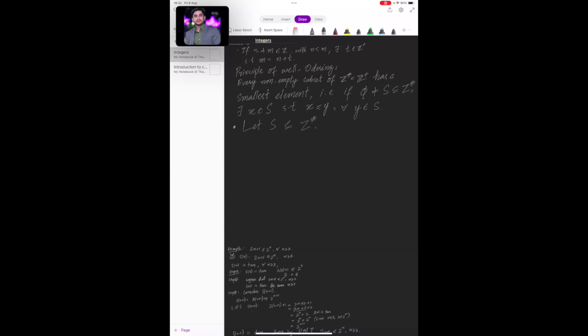Then it has the following properties: that n naught is in the S, i.e., there exists an element n naught inside the subset S. Number two property is, for all n greater than or equal to n naught, where n is a positive integer, if n is inside the set S, then n plus 1 is also inside the set S.